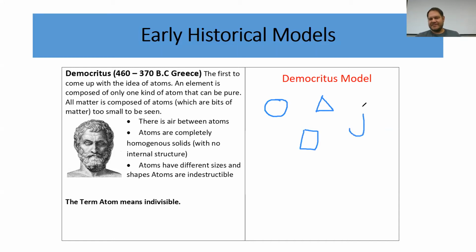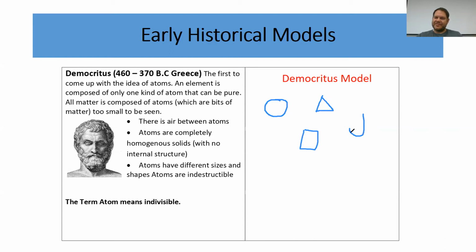The point is that Democritus viewed these small, indestructible, indivisible atoms as pure, separate from one another, with space in between them, but they did come in a variety of different sizes and shapes. In fact, he said an infinite number of shapes and sizes could be possible.